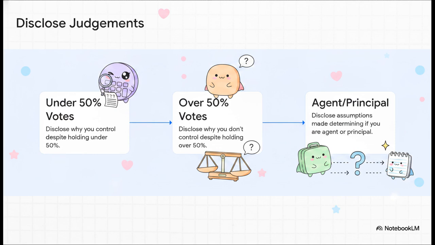IFRS 12 forces companies to publicly reveal the specific assumptions they made when deciding who actually controls what. Like, do you hold less than 50% of the voting rights but still claim you run the show? You have to disclose exactly why. Hold more than half the votes but say you don't have control? You better explain it. Even deciding whether you're acting as a principal or just an agent requires disclosed assumptions. It's a total game changer because it exposes potential loopholes right there in the footnotes.